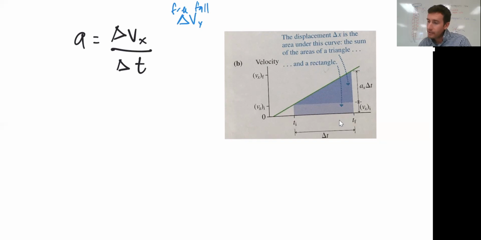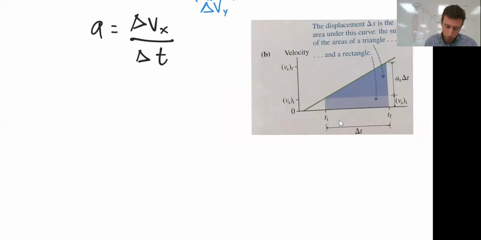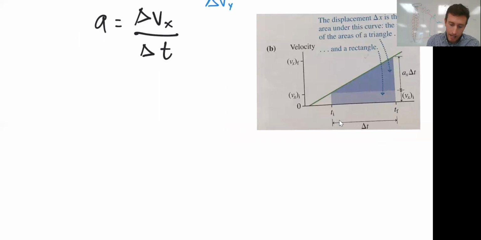So I know that acceleration is the change of velocity divided by the change of time, and I'm given some examples here. If I wanted to, I could break this out a little bit. Sorry, I don't actually need to do the change.